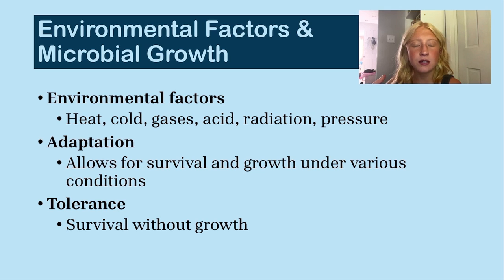Microbes are divided into different categories depending on their tolerance. Tolerance is when the conditions aren't just right, so they go into hibernation. Basically, they won't grow and they'll just remain the same until the conditions improve.